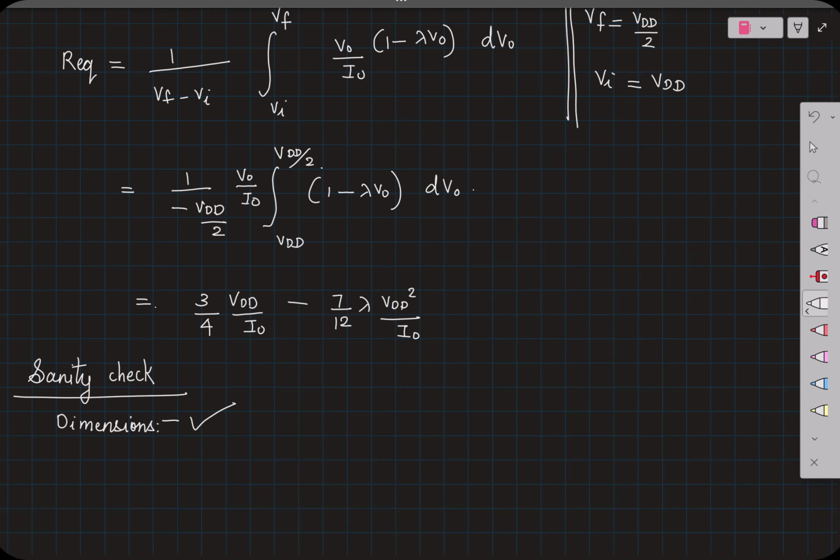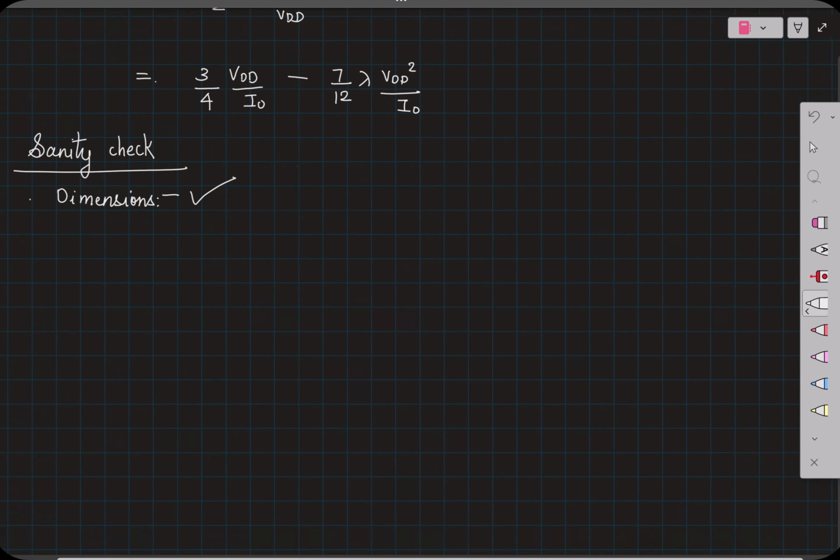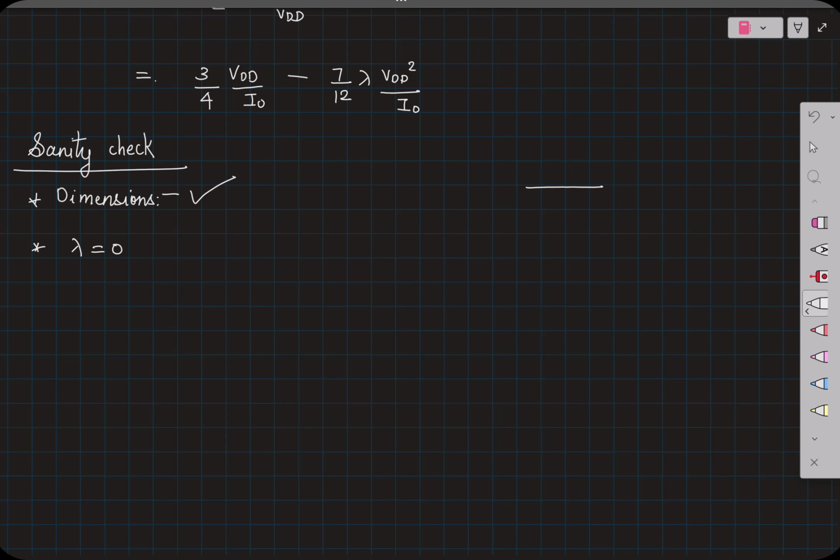Now another check that you can do is to take your lambda equal to 0. When lambda is equal to 0, that simplifies to the current being pulled out of this being a constant, right? So you have a constant I naught getting pulled out of this capacitor, in which case, how would you solve this? If this was the figure given to you, how would you solve this? So you have some capacitor CL, right?